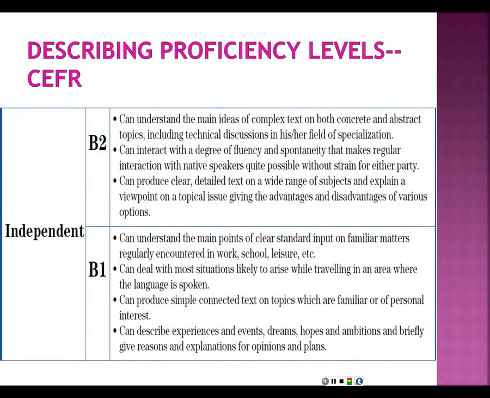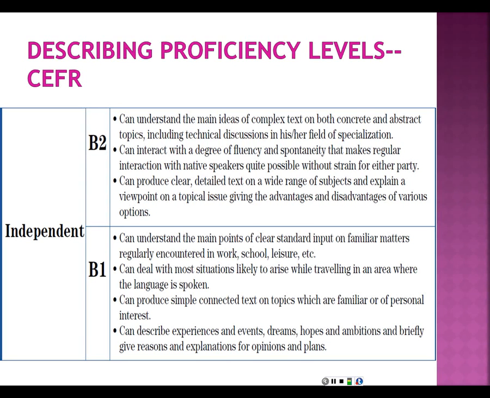So a B1 learner can understand the main points of clear standard input on familiar matters regularly encountered in work, school, or leisure. So again, even though these are used mainly in Europe and mainly in public schools, they can easily be adopted for other types of learners. The learner can deal with most situations likely to arise while traveling in an area where the language is spoken.